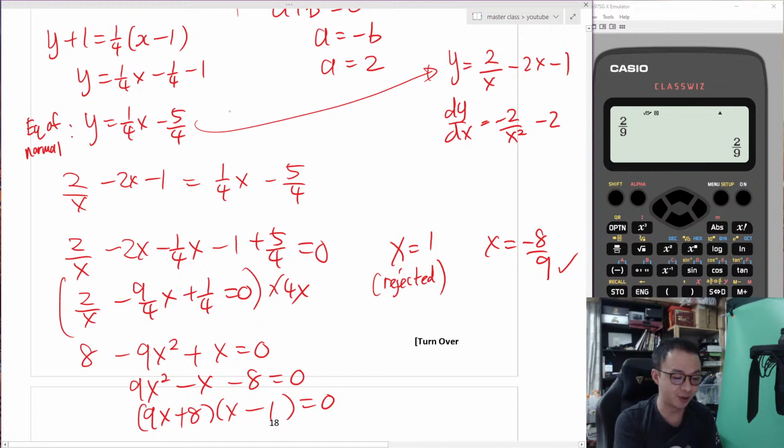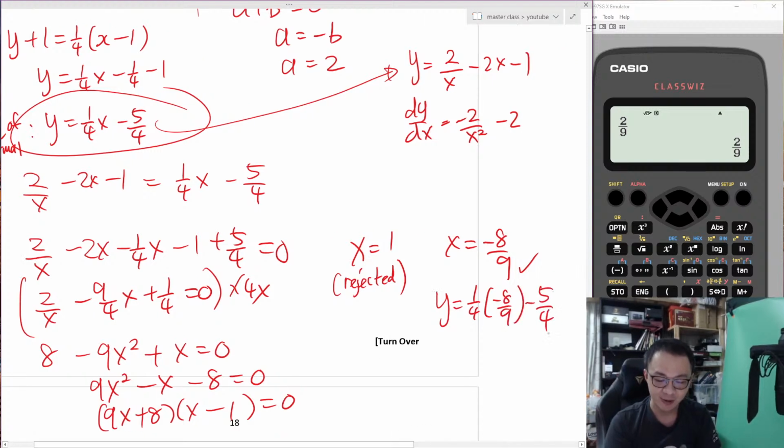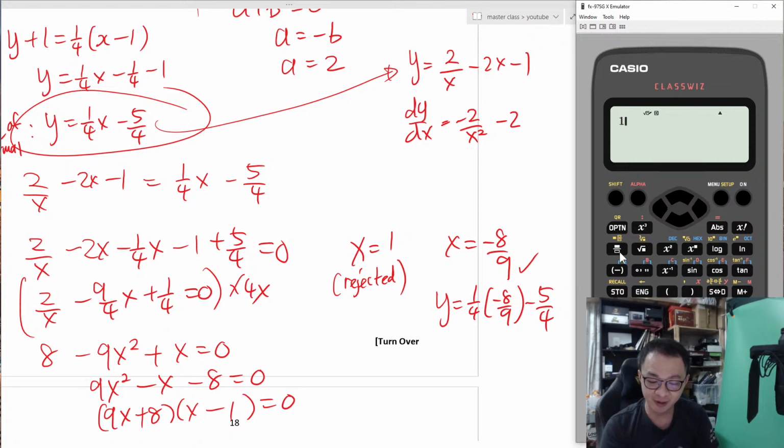So I sub back into the normal equation. y equals to 1 over 4, negative 8 over 9, minus 5 over 4. Okay, finally we need to use calculator. Negative 8 over 9 minus 5 over 4.